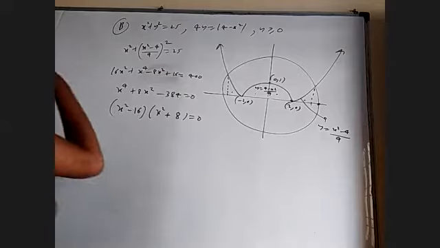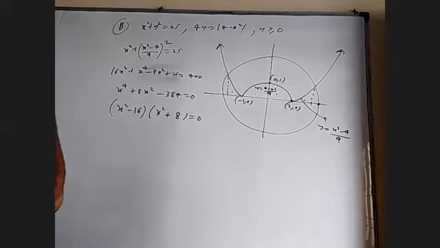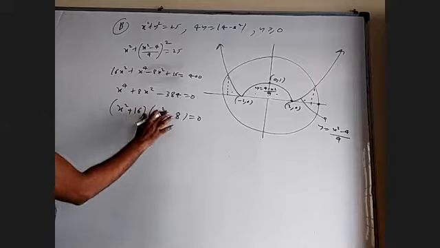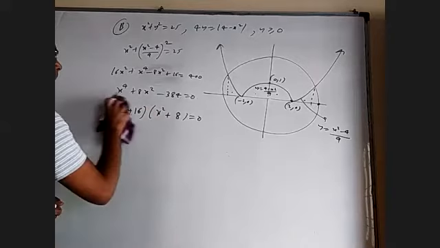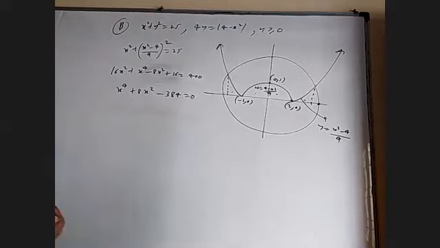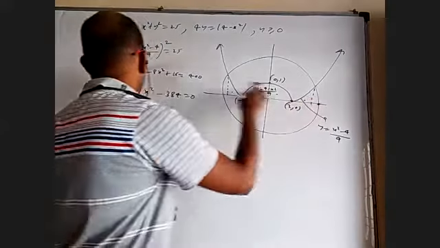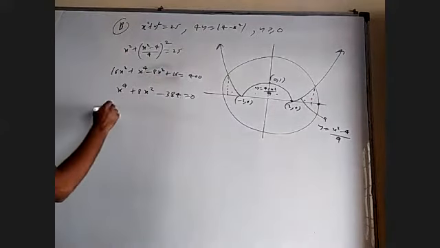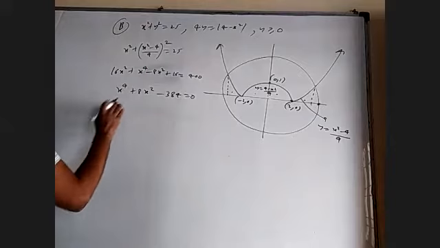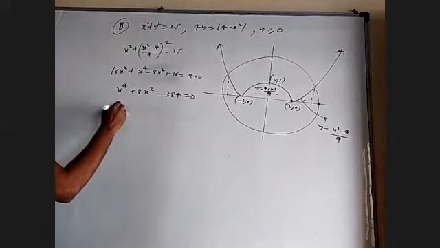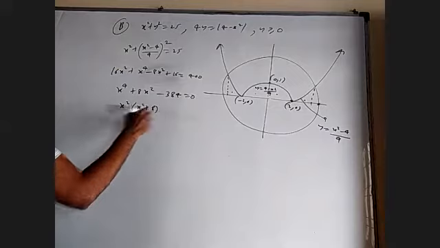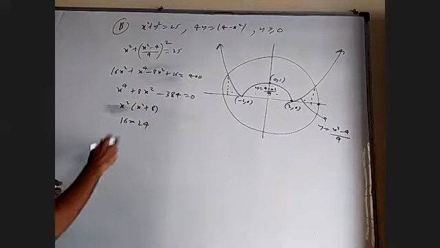I want the x coordinate to be 4, so x square will be 16. Okay. Is x square equal to 16 satisfying here? If I take this x square into x square plus 8, it is 16 into 24. It's matching with this. Okay.